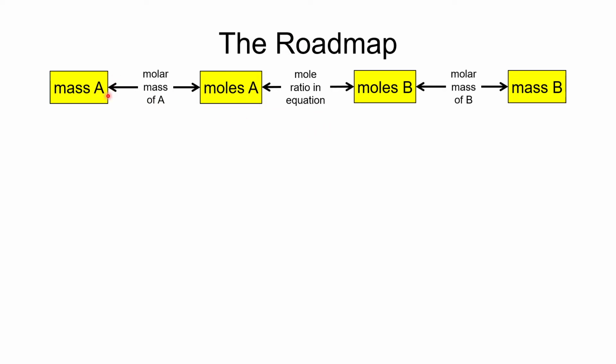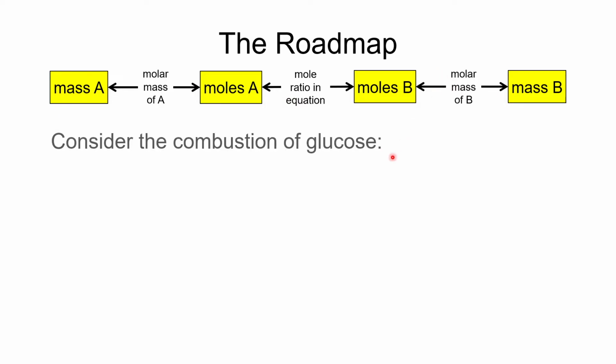So often when I'm in class, I'll get my students to kind of chant it out loud when I say mass to moles, and they'll say molar mass. It's kind of exciting, I guess. All right. And then moles to moles, we'll use the mole ratio in the equation, and I'll show you how that works here in a moment. And then here, moles to mass, we'll use the molar mass of B.